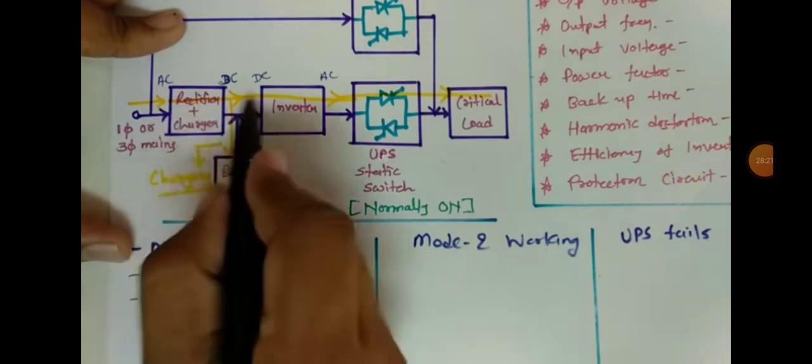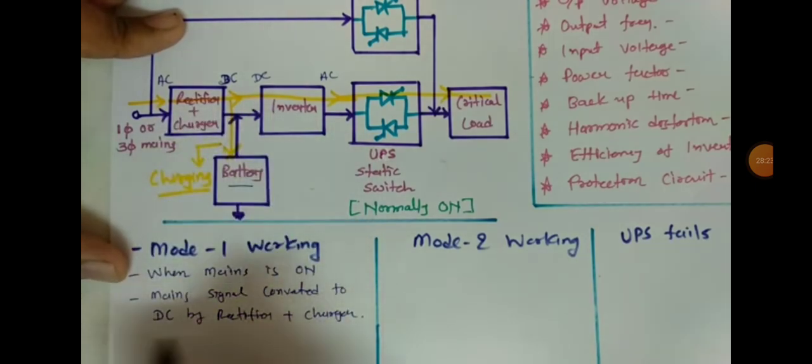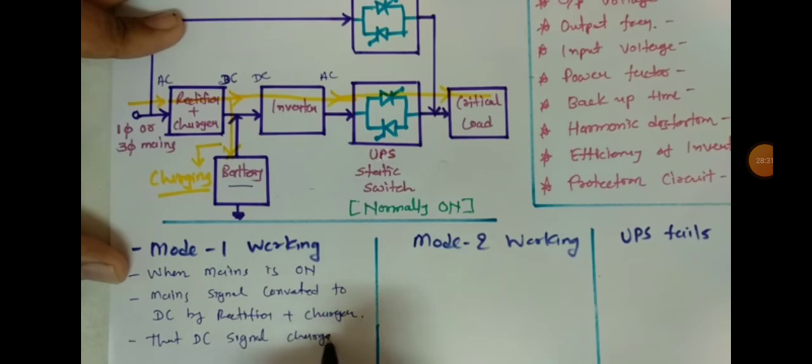This is the first thing that is happening. Then that DC signal charges the battery and is given to the inverter.